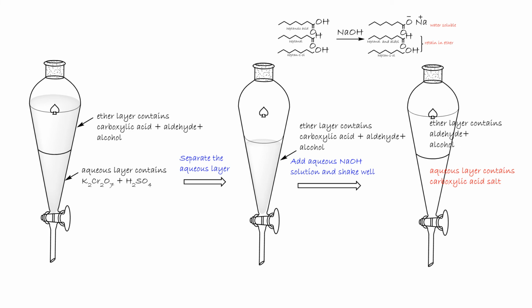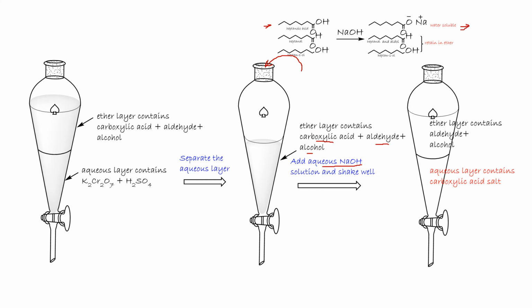Separate the aqueous layer and keep only the ether layer, which contains again carboxylic acid, aldehyde impurities, and alcohol. Then you add to this sodium hydroxide aqueous solution, and shake it well. The carboxylic acid will become carboxylate and soluble in water.